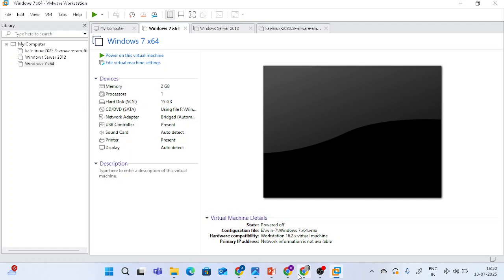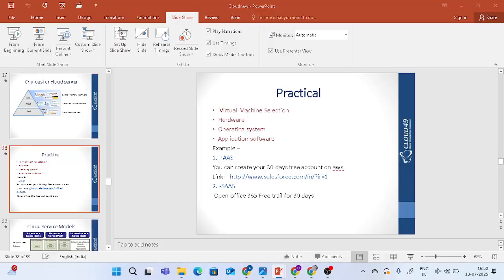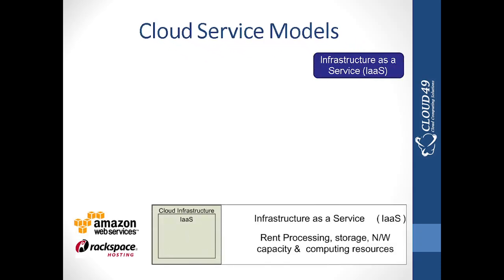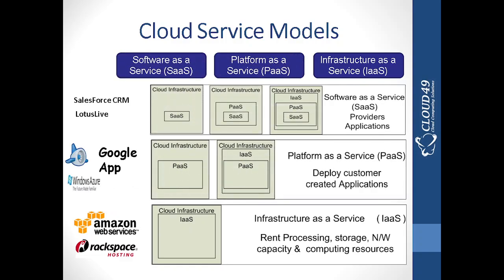Let's move again to the PPT so that we can continue. Here we have the cloud service models. Here you can see infrastructure as a service, platform as a service, and software as a service. Amazon provides infrastructure as a service: rent processing, storage, hardware, networking capacity, computing resources.